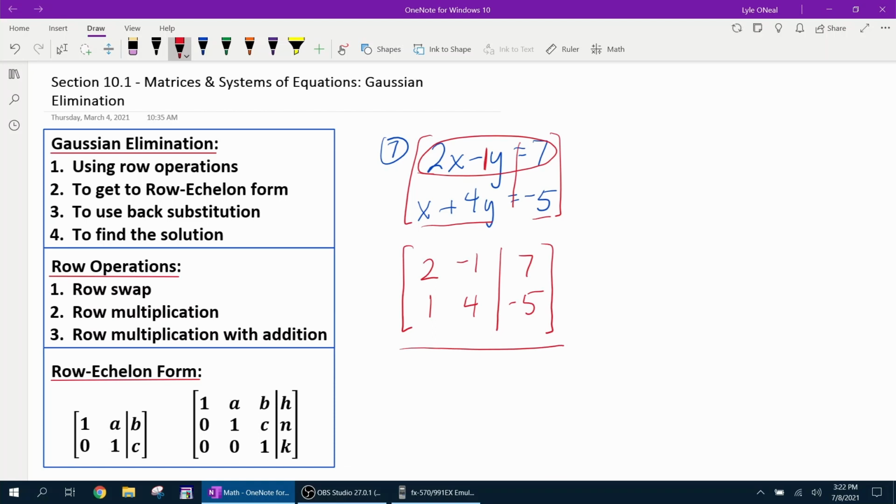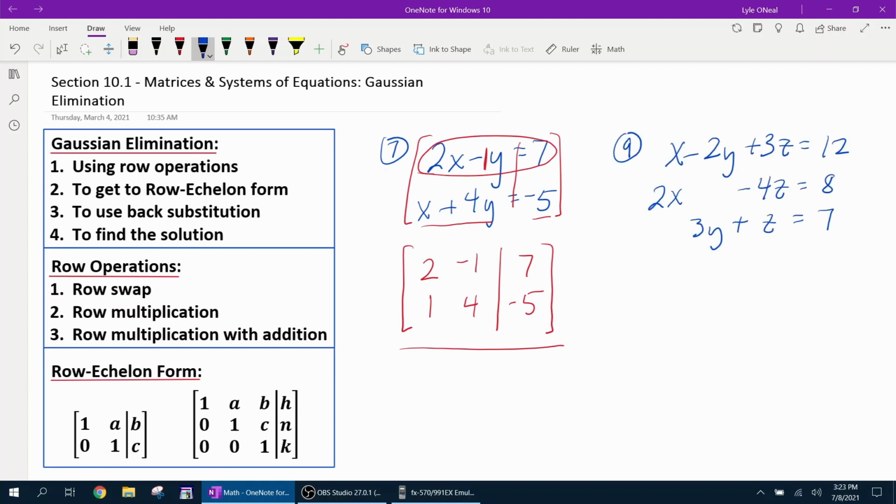That's done. I think we should maybe look at one more example. Problem number 9 from our text is also a system of linear equations, but this time we have 3 equations with 3 unknowns. If they want us to write this system as an augmented matrix, remember the first thing that you need to make sure of is that all of the variables are on the left-hand side and the constants are on the right-hand side.